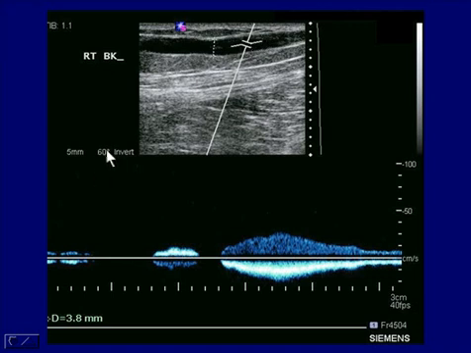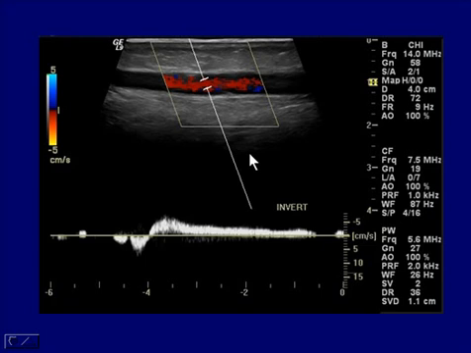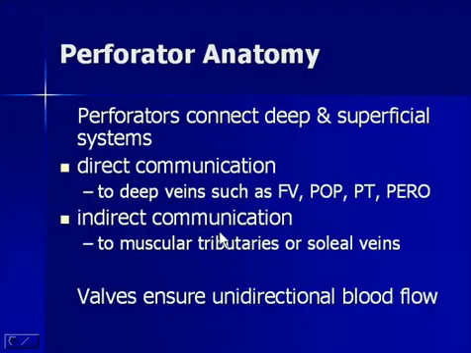If we see it, we try to keep to 60 degrees, because if we get too far off 60, we're just going to decrease the Doppler signal so significantly that it'll make our job a lot harder. In this example here, I've turned the angle off so you can see we don't have an angle correction, but if we were getting too far off 60, we would not be able to pick up this signal as well as we are here.